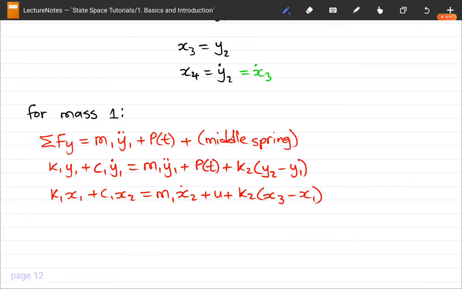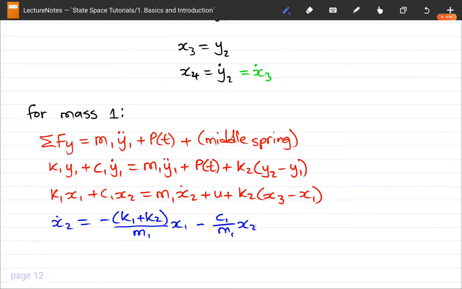Okay, so now I'm going to use a blue pen, which means we're going straight to the final answer. What you have to do now is rearrange this to make X2 dot the subject. So we're going to have an answer like this: X2 dot equals minus K1 plus K2 all over M1, I think, yes, and X1 minus C1 over M1 X2.